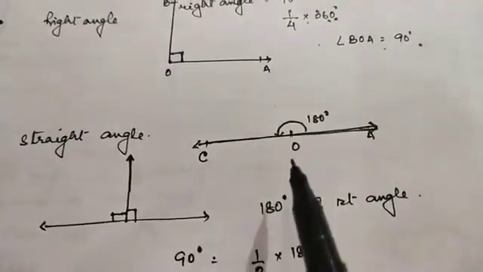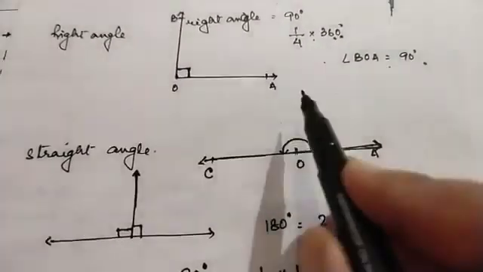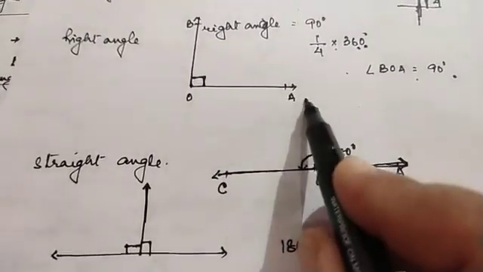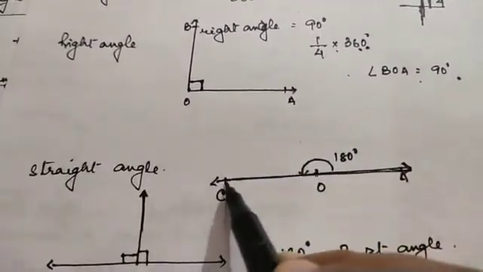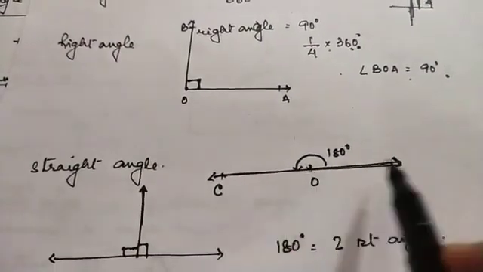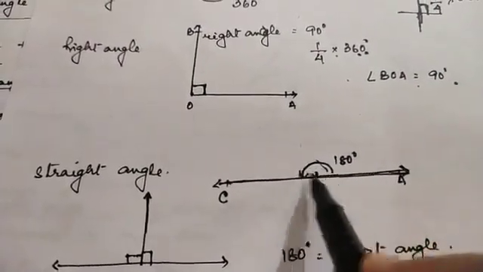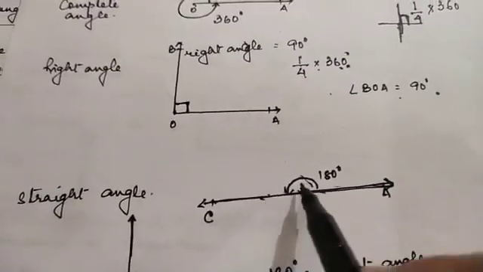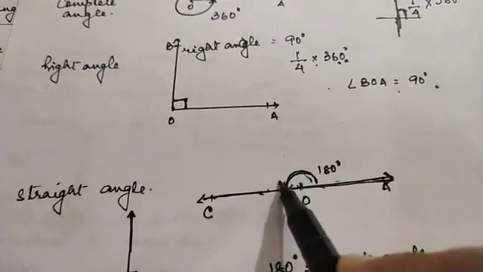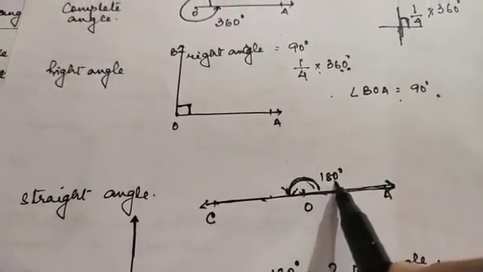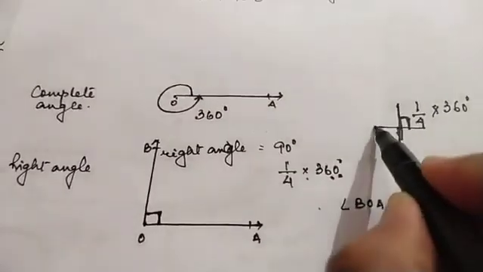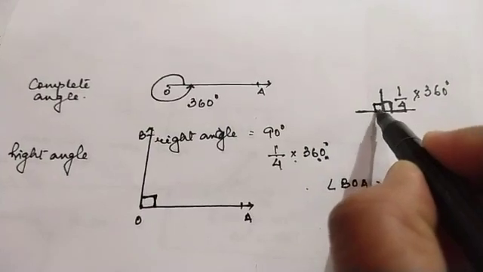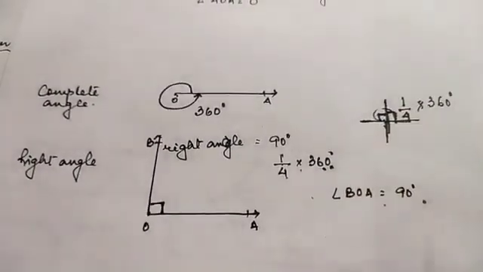Look at this angle. This ray OA was perpendicular over here and from here it moved to position OC. OA rotated and made a straight line. It is lying straight. Then the angle formed over here is 180 degree. This is a straight line passing through this point, so the total angle formed is 180 degree.